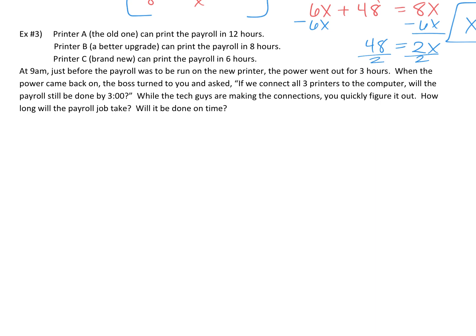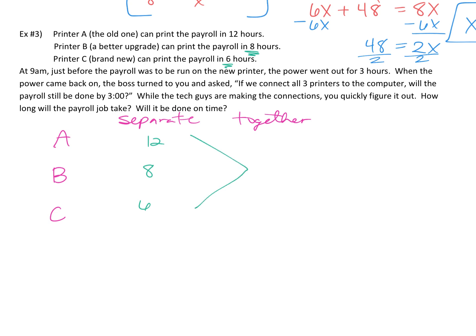Okay, 3 printers, right? Printer A, printer B, printer C. Separate and together. Separately, A is 12, B is 8, C is 6, okay?